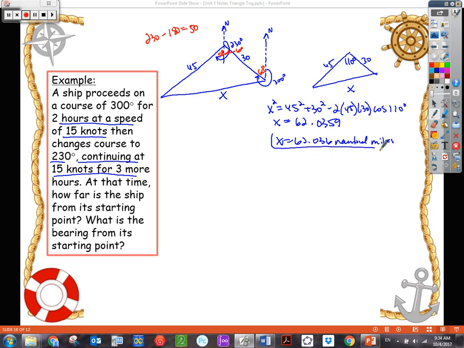So that's the answer to our first question. That's how far the ship is from where it originally started, 62.036 nautical miles. Okay, we okay with that?